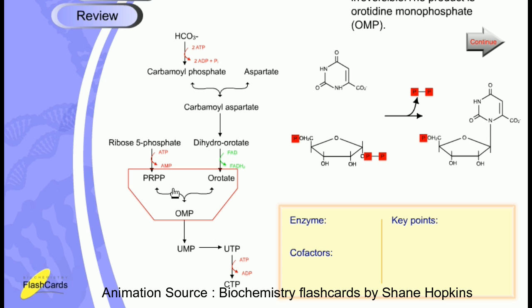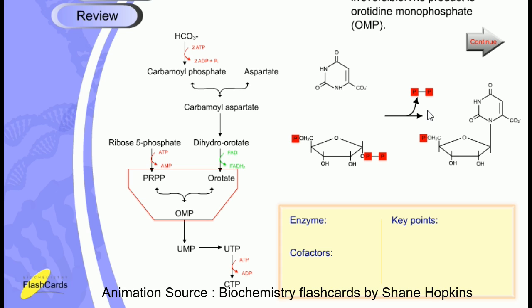Now the last step is where we combine PRPP with the orotate. This addition releases pyrophosphate. If you look here, this is orotate, the ring, and this is PRPP, which we just saw forming. Now these two will combine with each other, and as a result, pyrophosphate will be released. Once pyrophosphate is released, the hydrolysis of pyrophosphate acts as an energy source to drive this process in the forward direction.